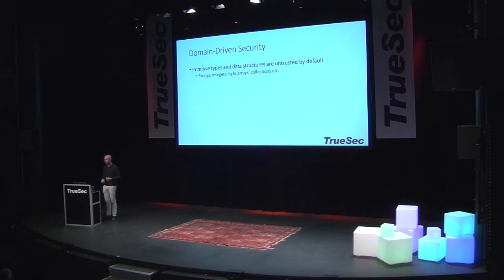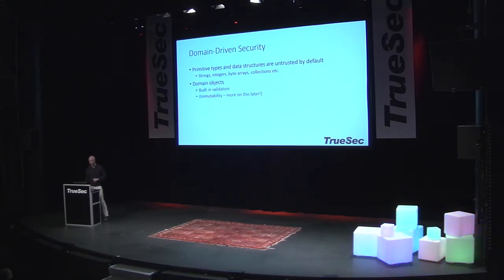So what domain-driven security does is that primitive data types and data structures are untrusted by default. If you see a string or an integer, a byte array, or a date, whatever built-in type you have, floating around in your application, passed between public methods in your classes, you know that's untrusted.